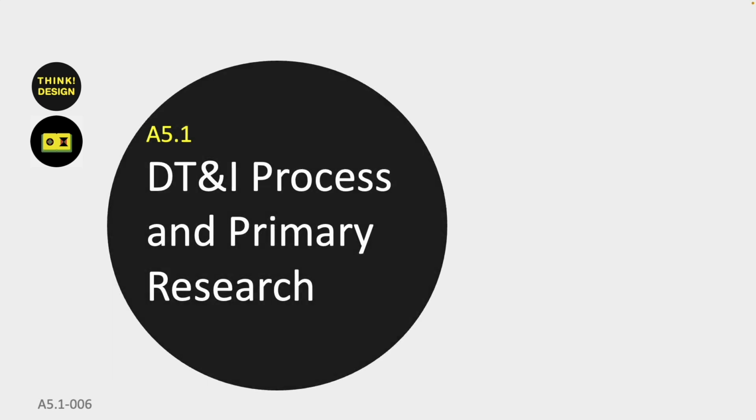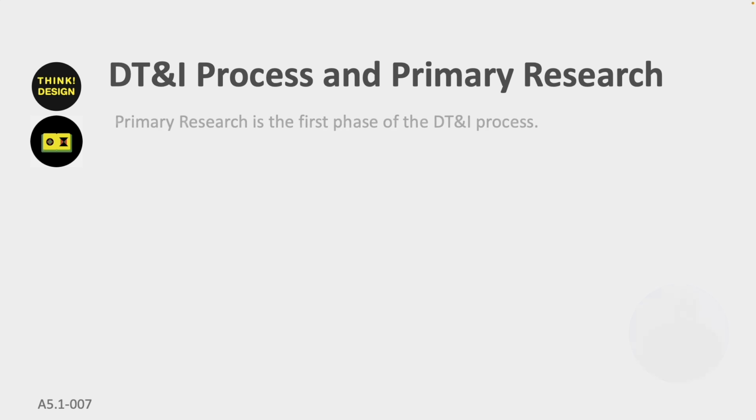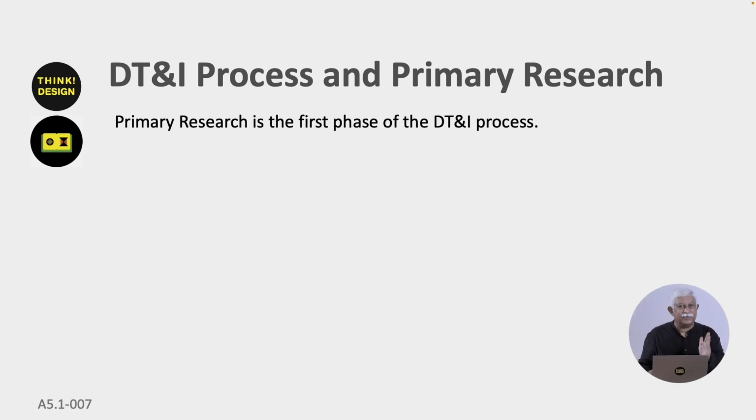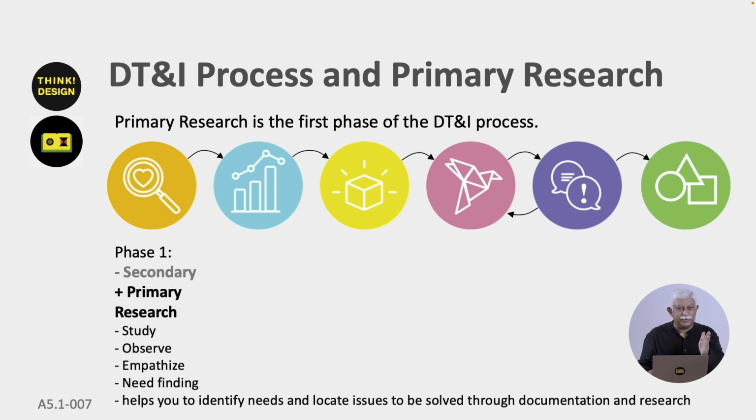So let's start with primary research and the process. We are still at the first phase of the design thinking and innovation process. It has to do with research. So we finished secondary research, and we are moving on to primary research. The difference is that in secondary research, you collated information which was already existing.